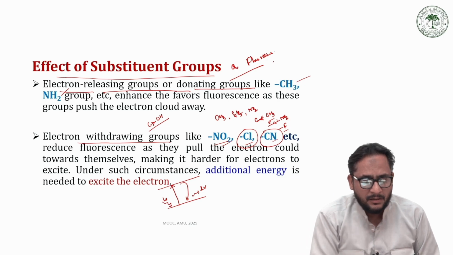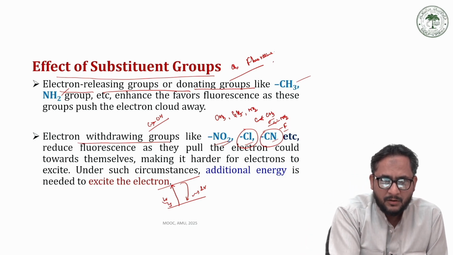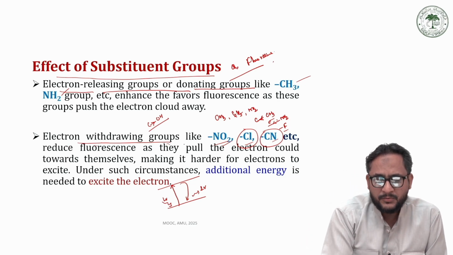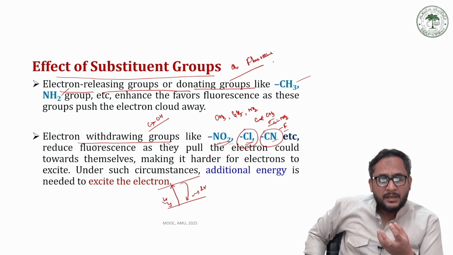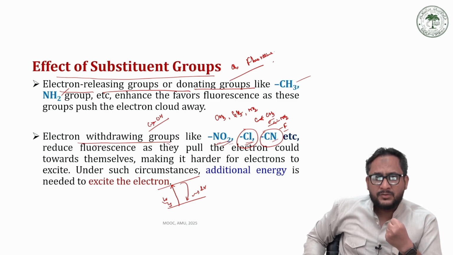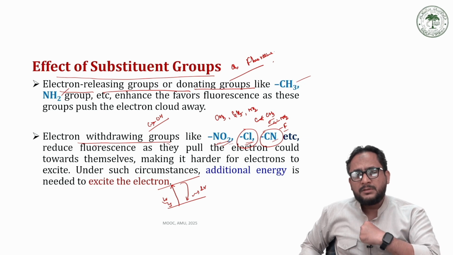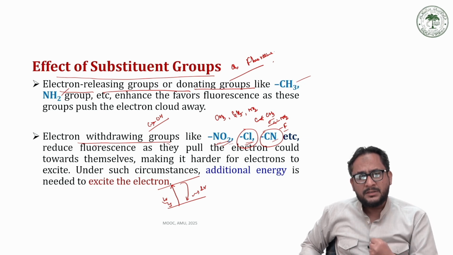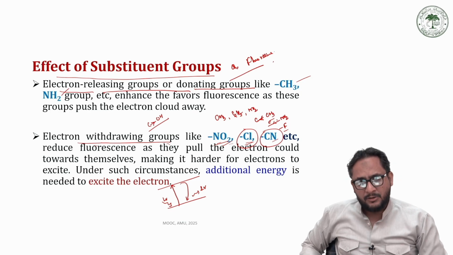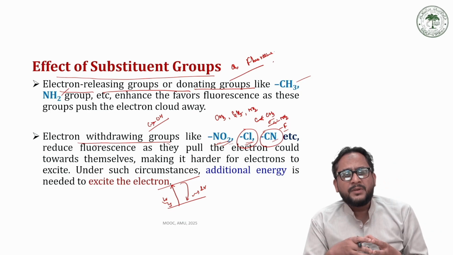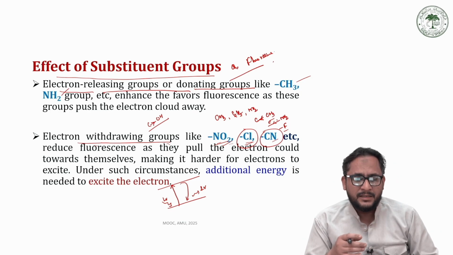On the other hand, all electron withdrawing groups like Cl, CN, and NO2 hold the electron pair very strongly. They even pull the electron pair towards themselves, and therefore such an electron pair is tightly bound to these atoms or groups and does not get excited easily.